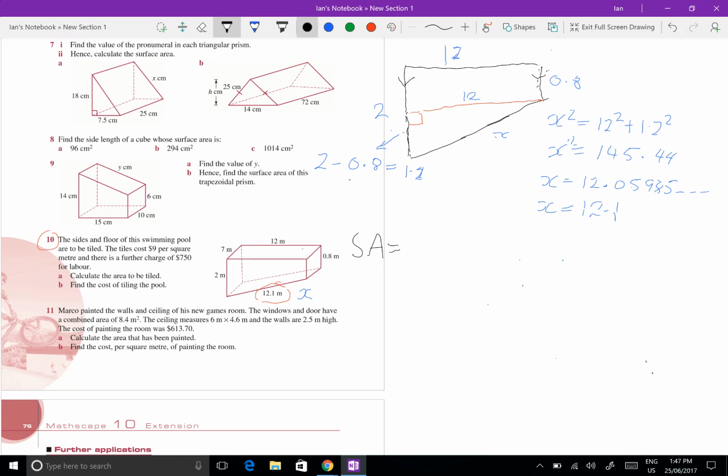Now I'm lucky that the trapezoidal side is exactly the same on both sides. So if I find the area of 1, I can just times it by 2. I know that I've got a 12 here, 0.8 here, and 2 meters there. Then I have to find the deep end, which is just a rectangle.